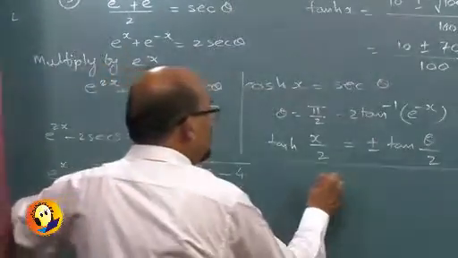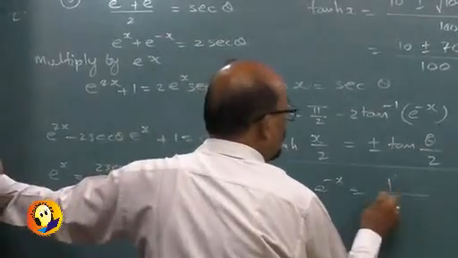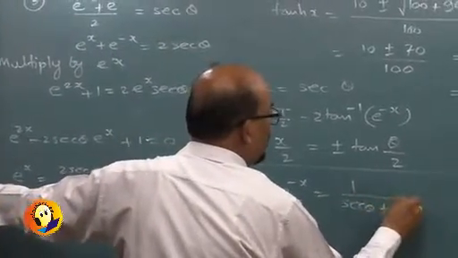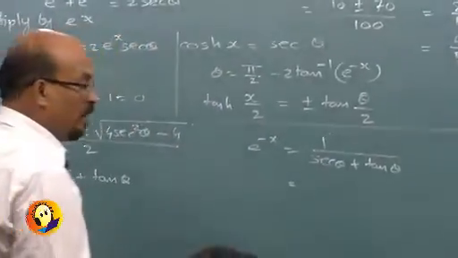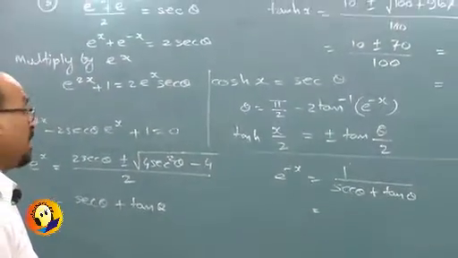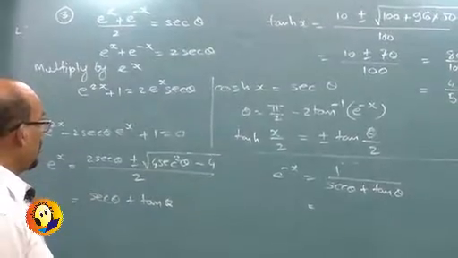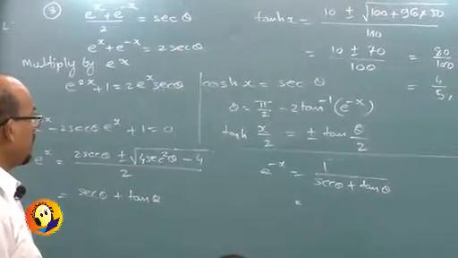e raised to minus x will be 1 upon sec theta plus tan theta, no? So how do we decide that?